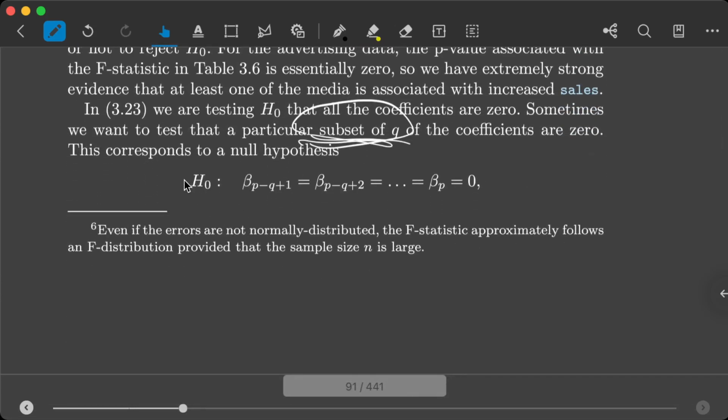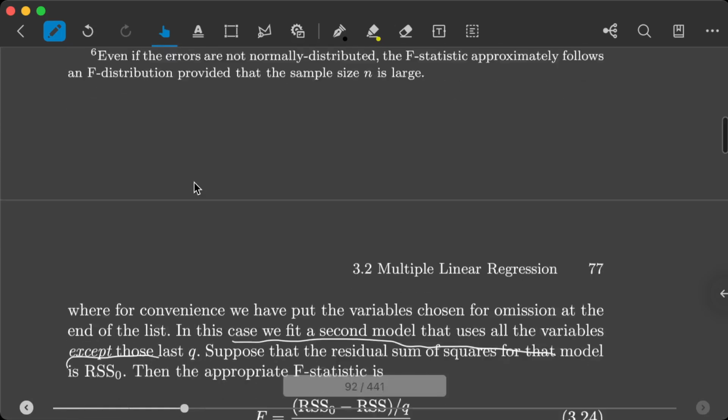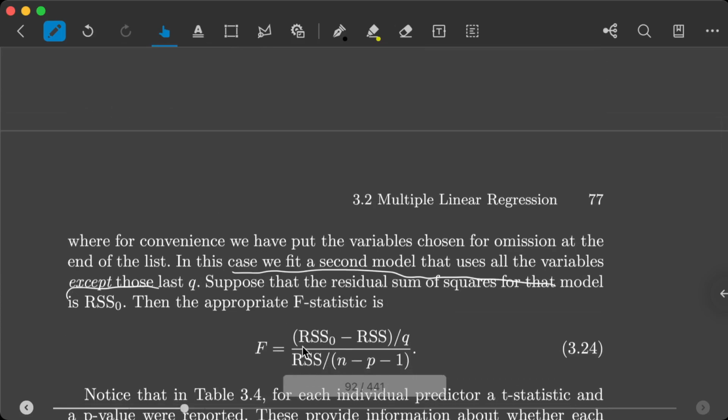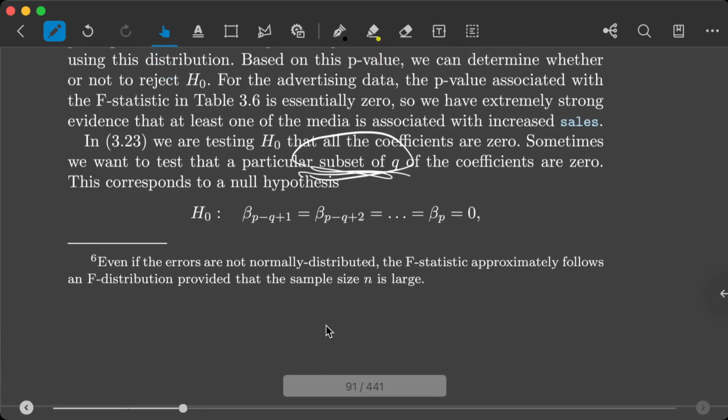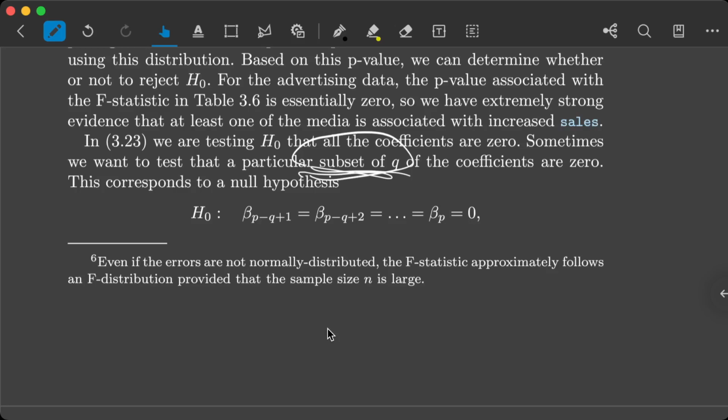Also, the next part is about how the author estimates the incremental help of some predictors.